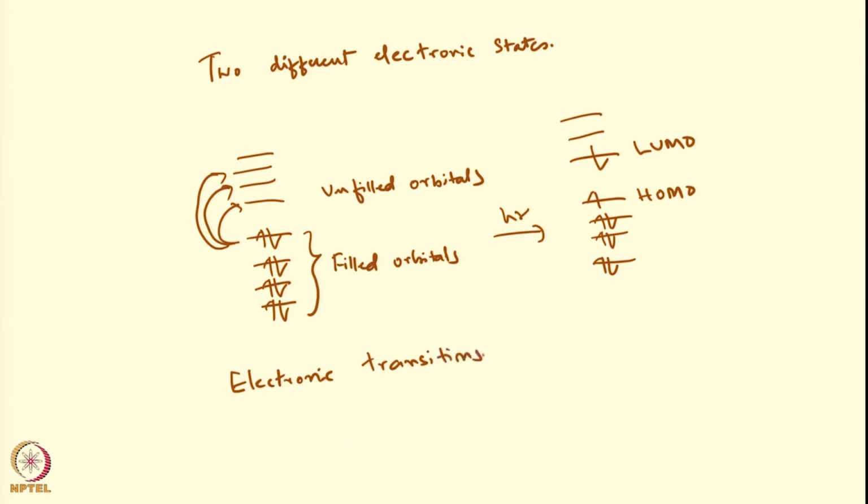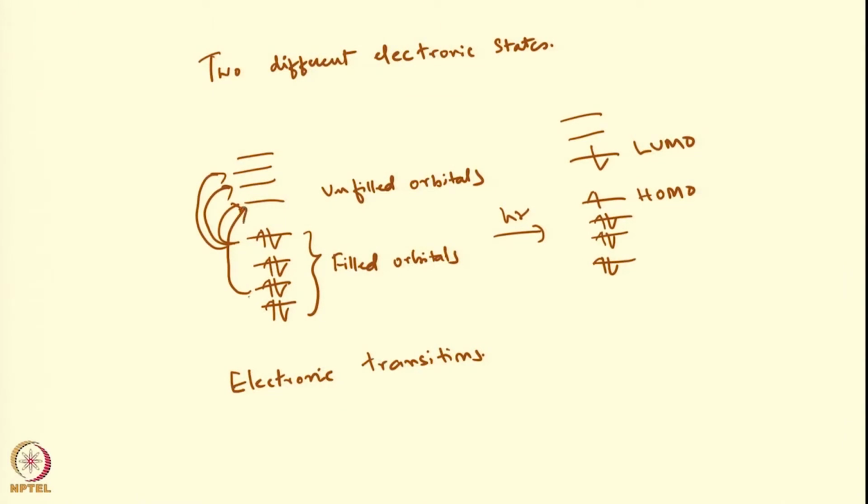By the way, in electronic absorption, or what is known as UV-visible spectroscopy, you take an electron out of one of the occupied orbitals and put it in an unoccupied orbital. Of course, you can also take electrons that are lower than HOMO. So, many possibilities exist.